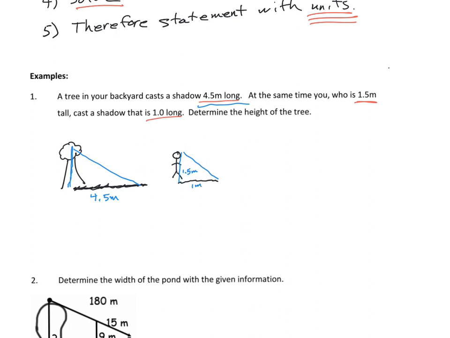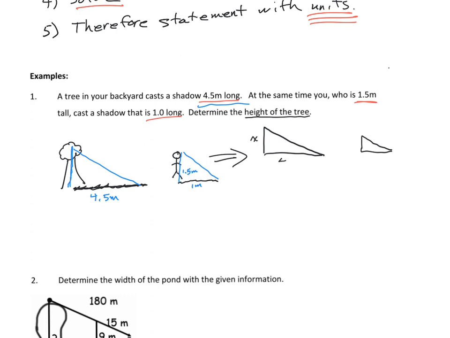So now we're going to split off our triangles. We have triangle 1, which is the big one, and then triangle 2, which is the teeny tiny one. We need to determine the height of the tree, so that's going to be this part of our triangle.